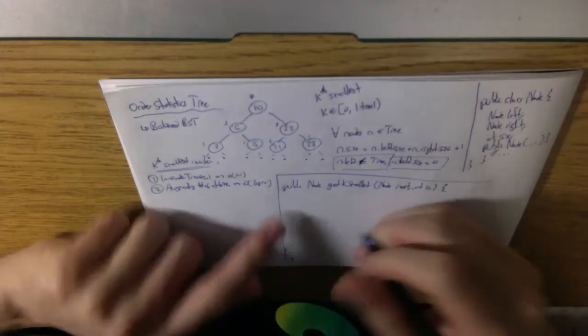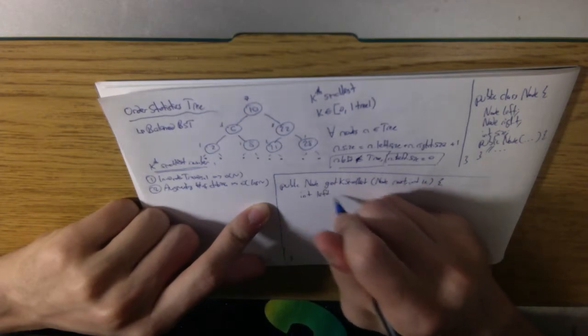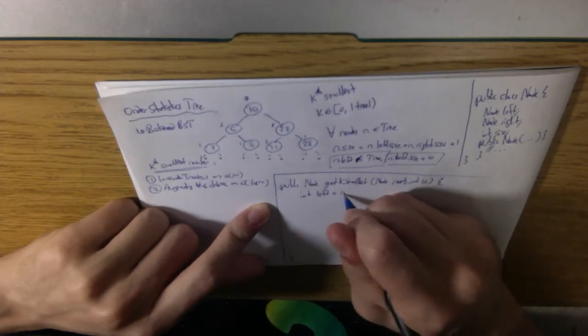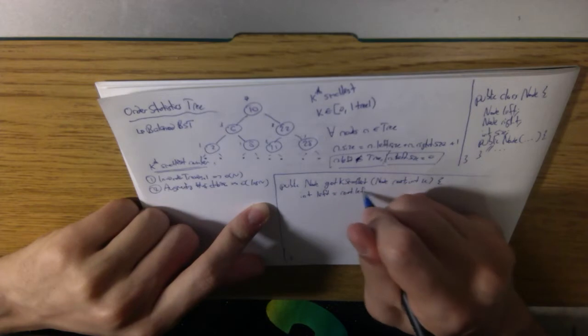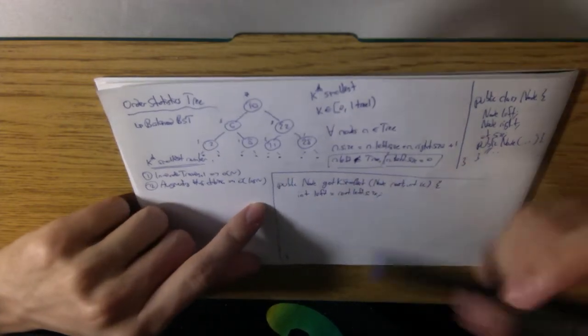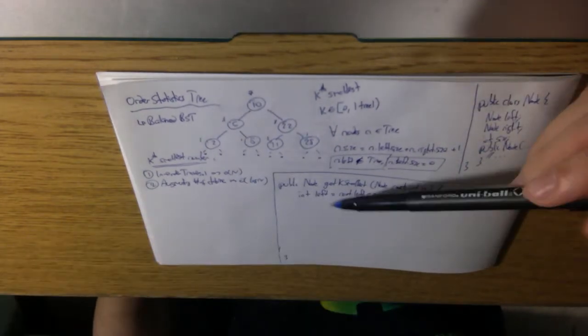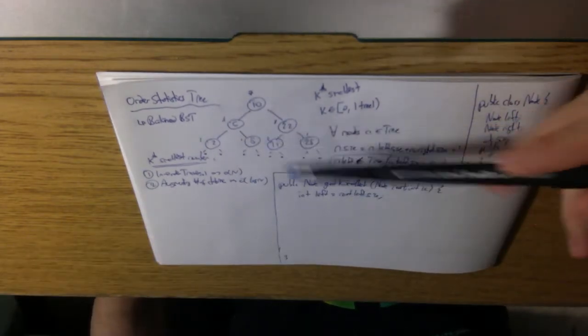Let's first see what that node's size is. So we're going to say left equals root dot left dot size. We can call it something else besides left, like left side or whatever you want. But anyways, we take a look at the left.